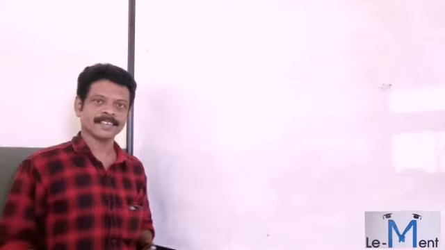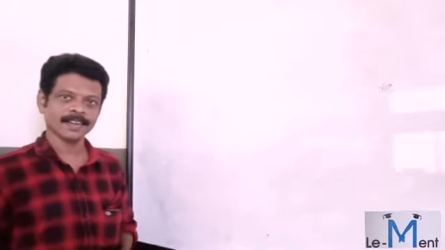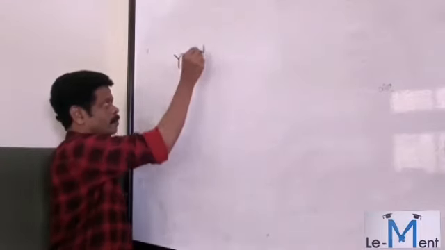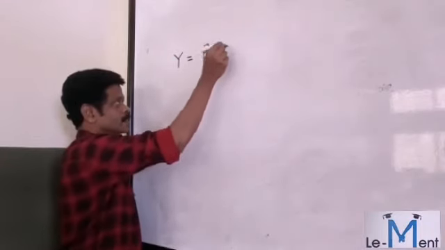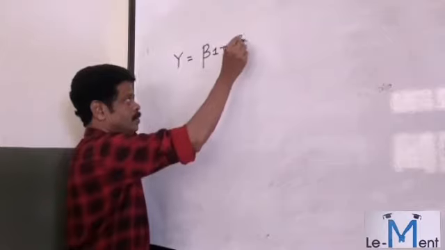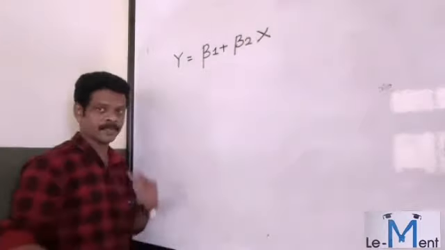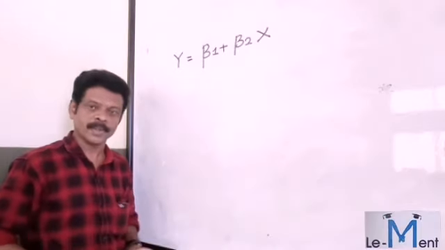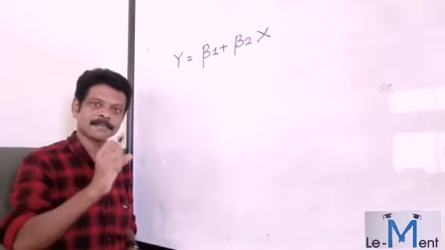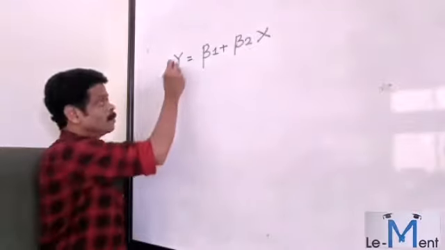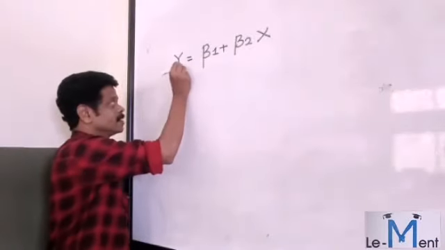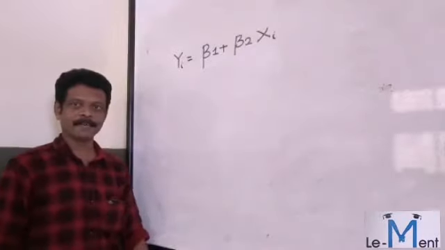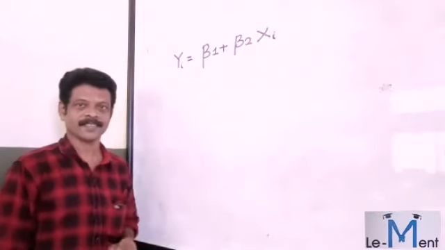Let us consider the regression model once again. y is equal to beta 1 plus beta 2 x. And now we are going to give subscripts to both y and x. yi is equal to beta 1 plus beta 2 xi.